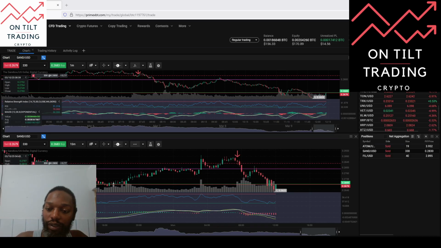So even though to me this looks like pullback based on what I'm seeing here on the 15-minute, typically, if something is going to reverse, you will see this green MACD line cross over this average line, and where it crosses, that's where the reversal will come in.